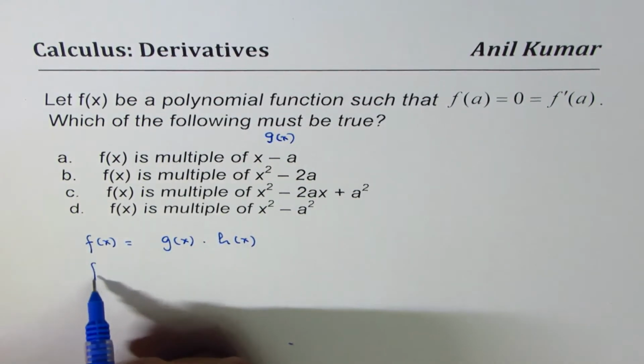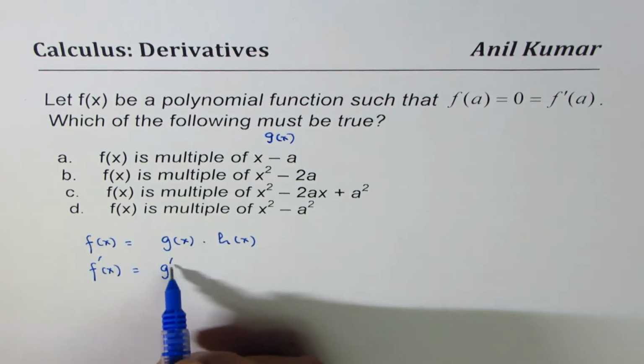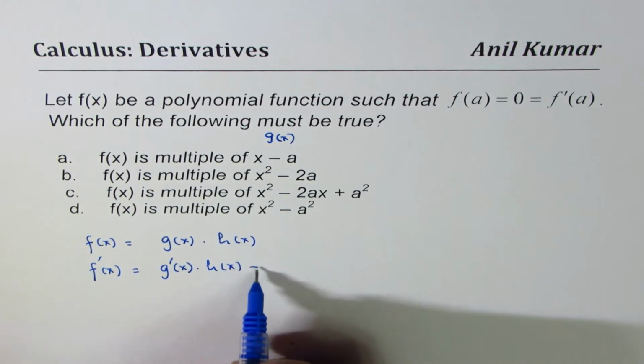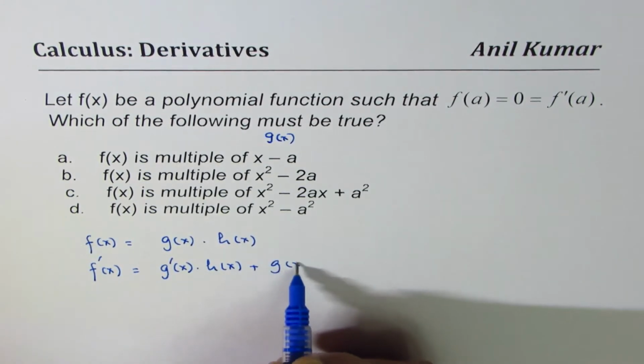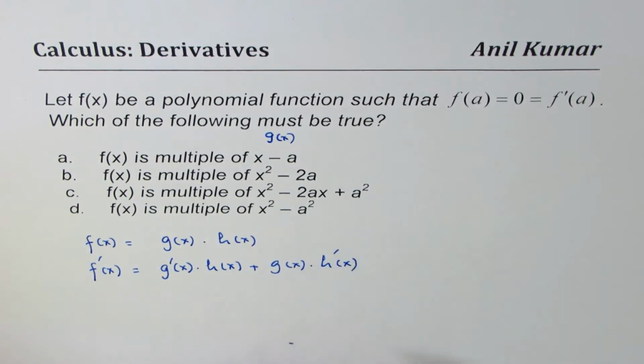Let's find the derivative of this function. It will be the derivative of the first function times the second function plus the first function times the derivative of the second function. Now, the second function is not known to us. However, we know that the derivative at a is 0.